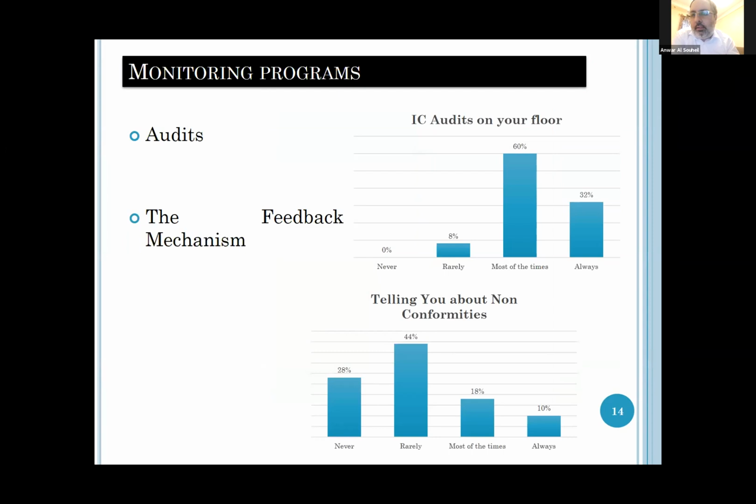Okay, for audits, most of the time, 60% of the nurses said that there are audits running on the floor. But, you know, do they tell you about your non-conformities? 44% report they rarely do, 28% report never.